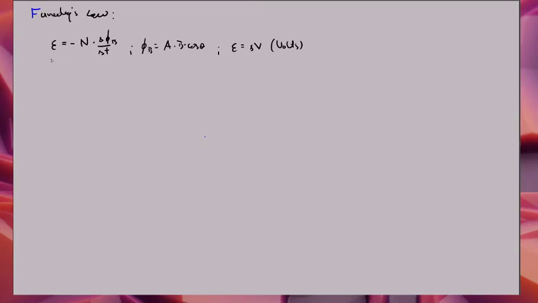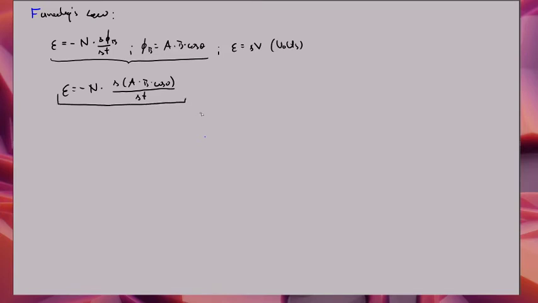You can then take these two equations and combine them into the following, where this is minus N times delta of A times B times the cosine of the angle theta, and all of this is divided by the time. And sometimes I give this to the students as the equation.